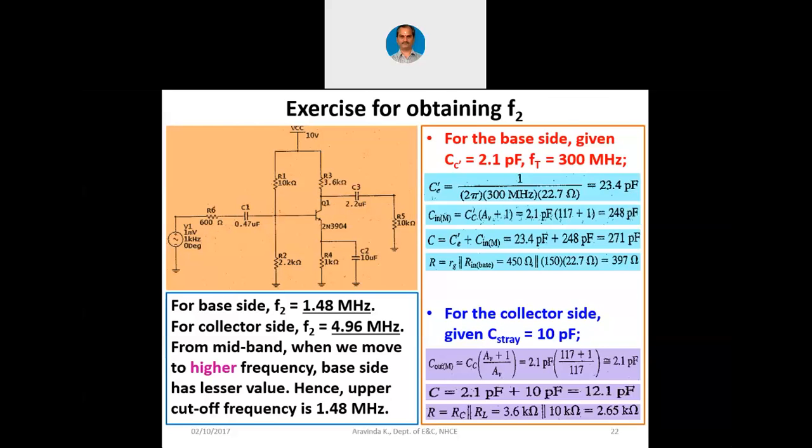But in the case of the upper cutoff frequency, it is just the reverse. We are going from the maximum gain towards 0 from the y-axis side.